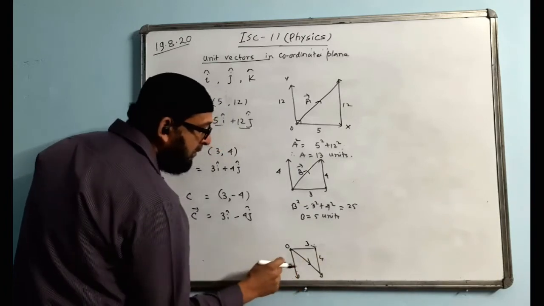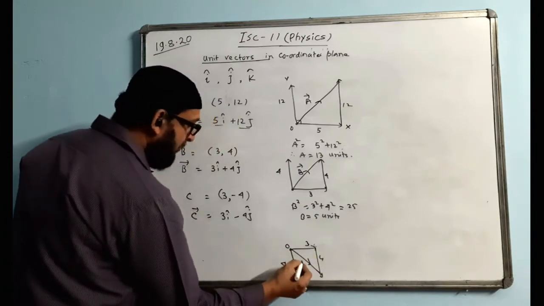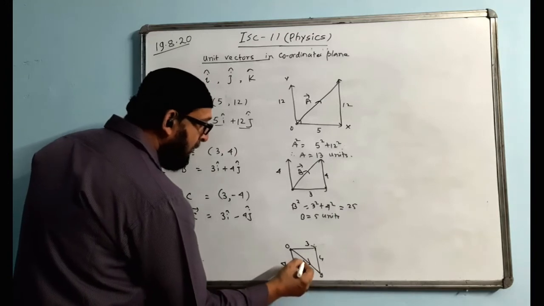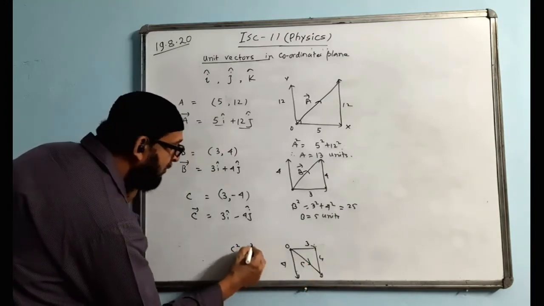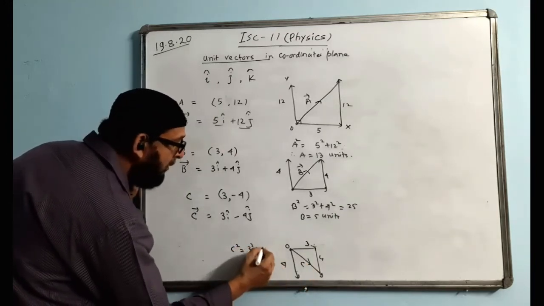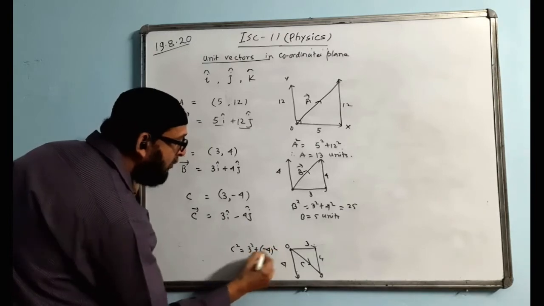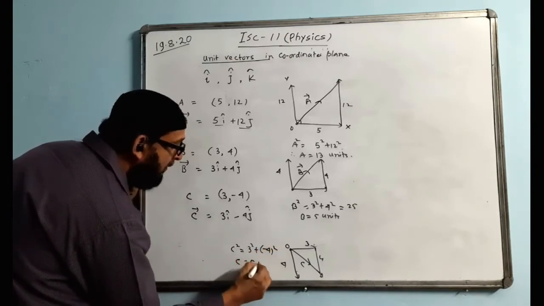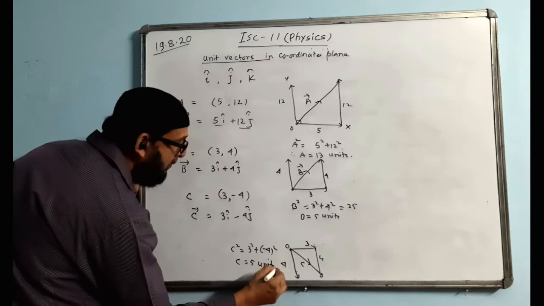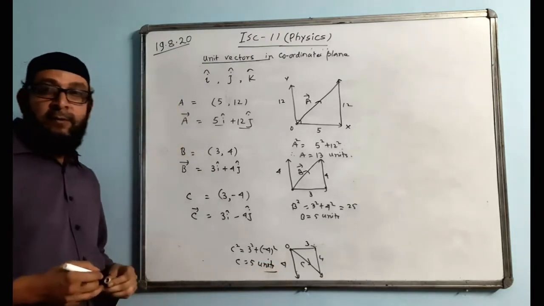Use Pythagoras theorem. Then C square will come 3 square plus 4 square, or if you want you can add minus 4 square. The value of C will come 5 units. This way you can find the magnitude of the vector C.